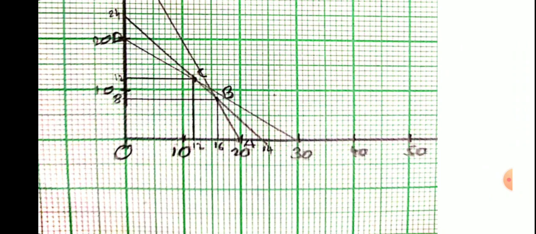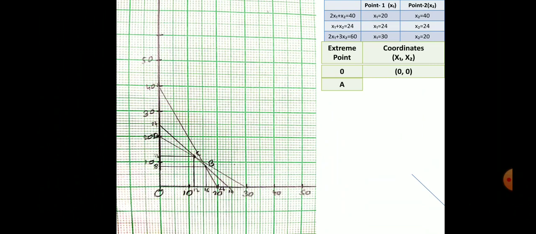Next, the value of A is on the x1 axis, so the value of x1 is 20 and the value of x2 is 0.